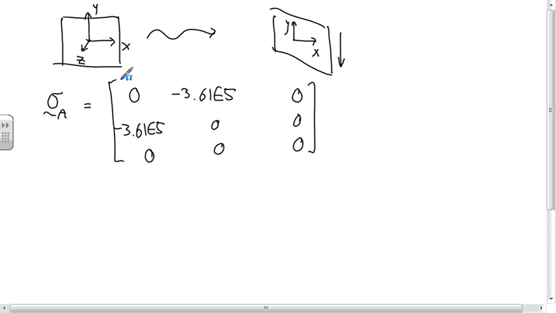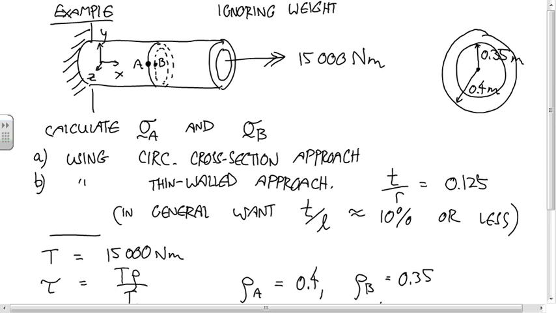Okay, so now we have to do the point B. So the shear stress at B is the torsion, 15,000, times the magnitude of rho at B. Rho for B is going to be 0.35 because we're just going to the inner wall.